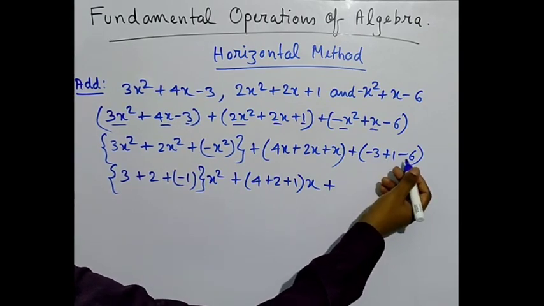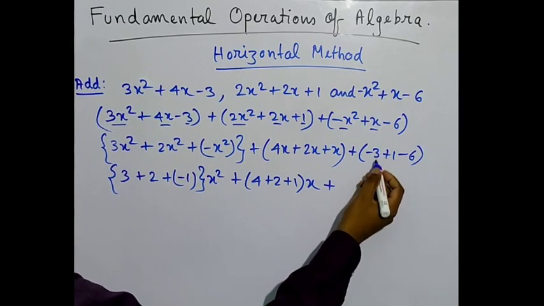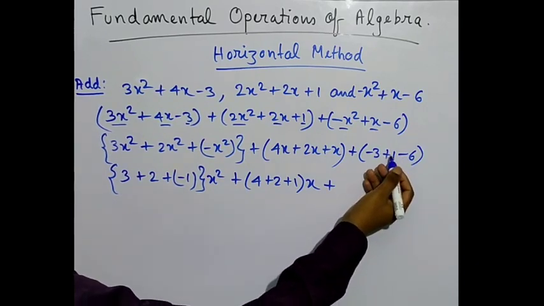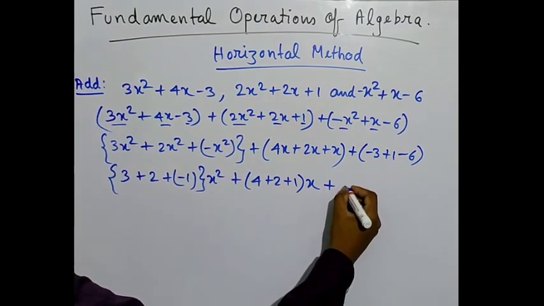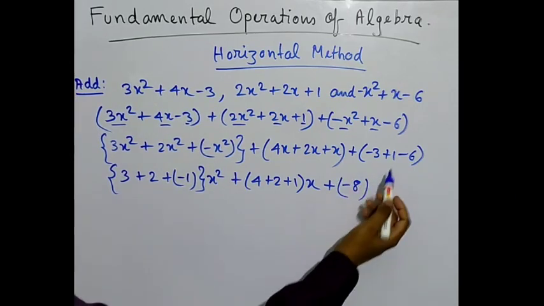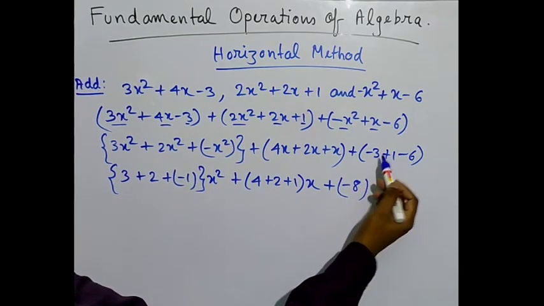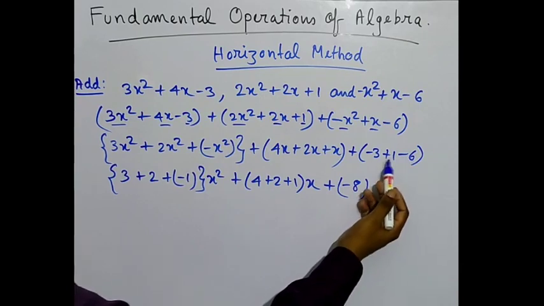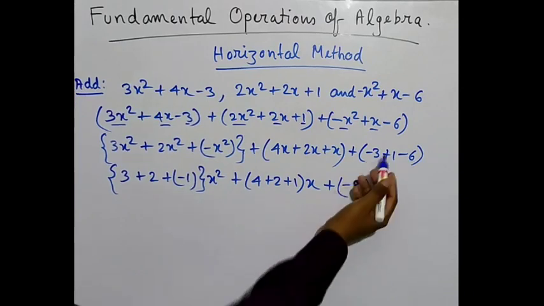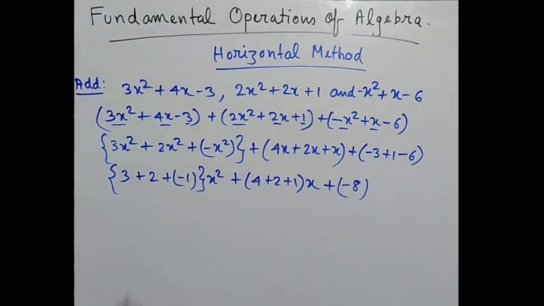So directly we can add them. So negative 3 and negative 6 will give us negative 9, plus 1 means negative 8, right? Negative 6, negative 3 will give us negative 9, and we have a positive 1. So minus 1 will give us negative 8. Now negative sign is greater, so we have the negative sign here.